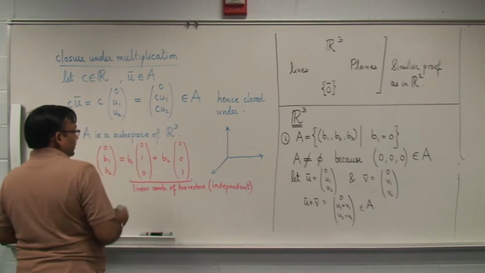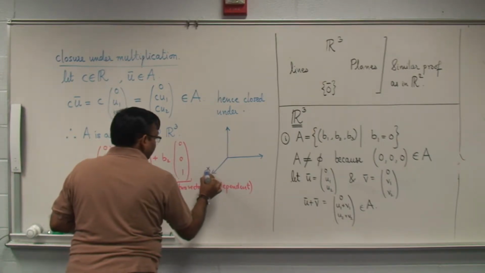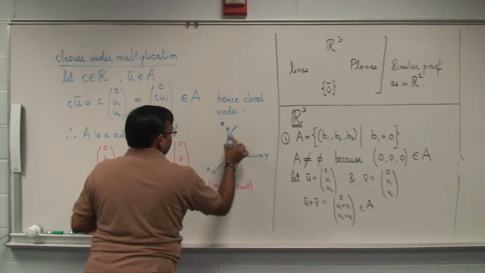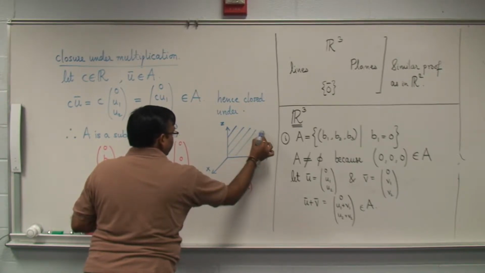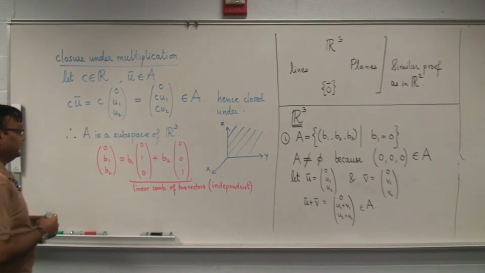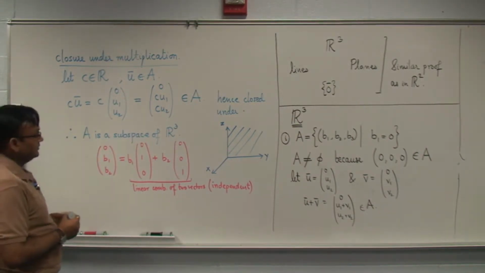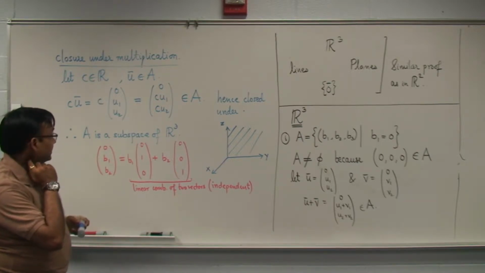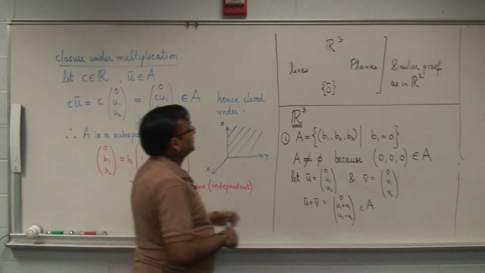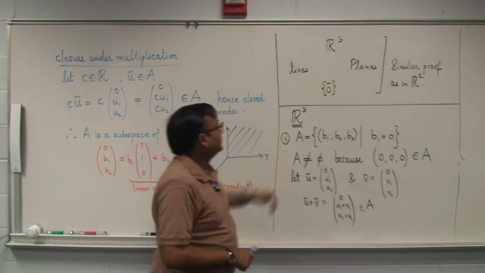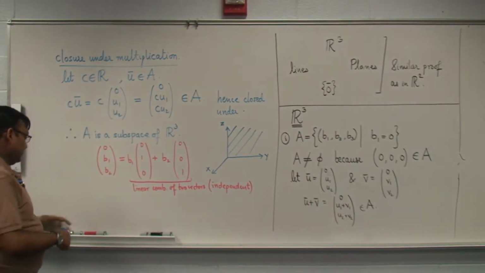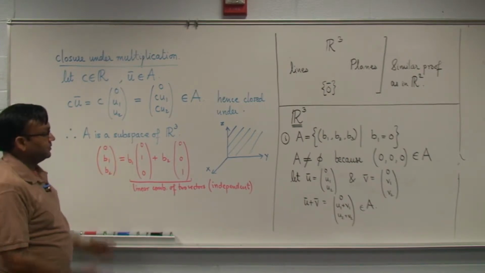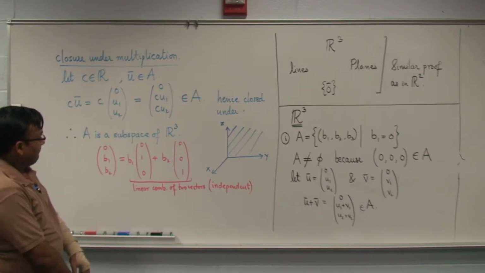So suppose the first component is marked along this axis. Let us say this is x, this is y, this is z, then this is the plane that we are talking about, the so-called yz plane, because the x component is 0. So it is a plane that passes through the origin, and as we had said earlier, any plane that passes through the origin will be a subspace. So in some sense, it's more like a verification of what we already knew in a particular example. Okay.